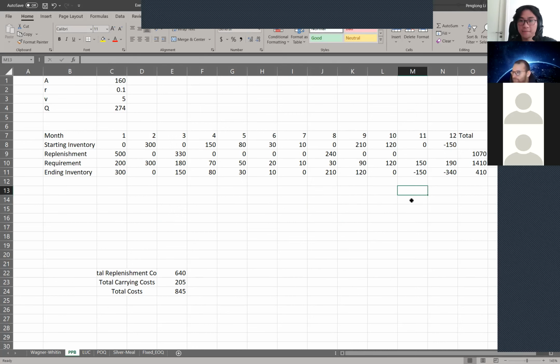We do it again here, it's 0. And we see it is closer to this number. So we satisfy the demand for the next following months. And we are ordering 1, 2, 3, 4 times. So it's 4 times 160. And yep, the total cost is given here. So we can just follow the procedure.